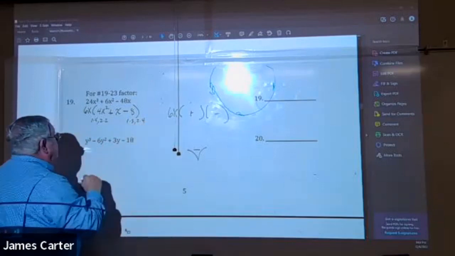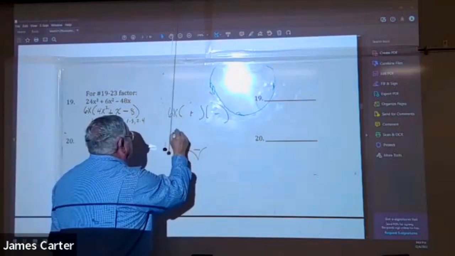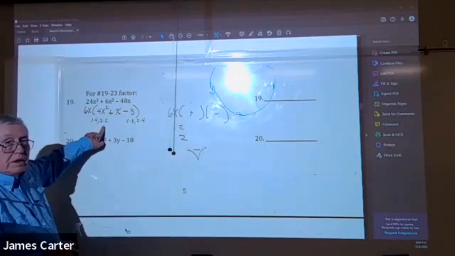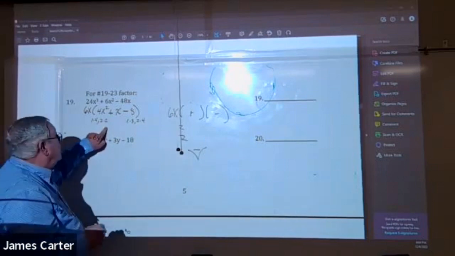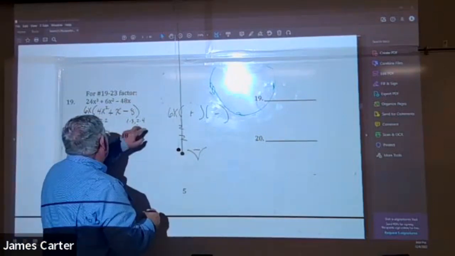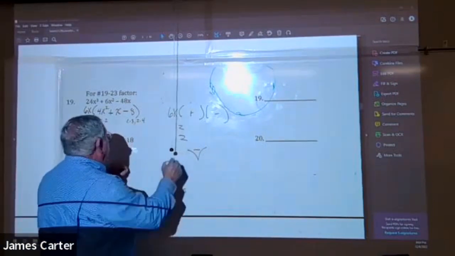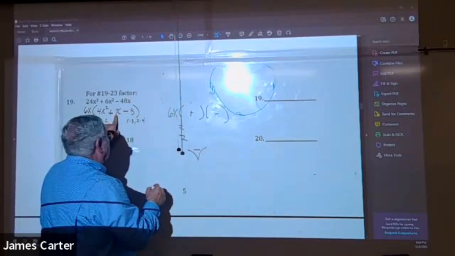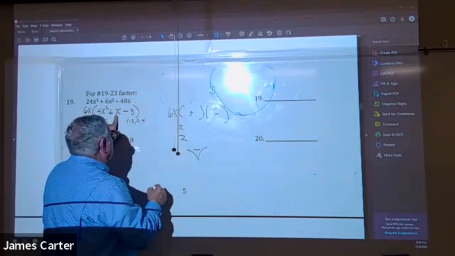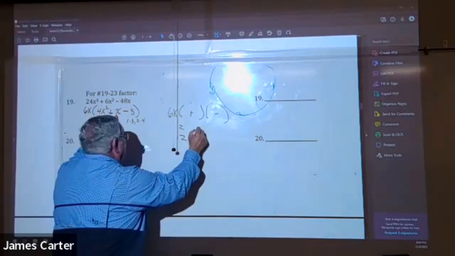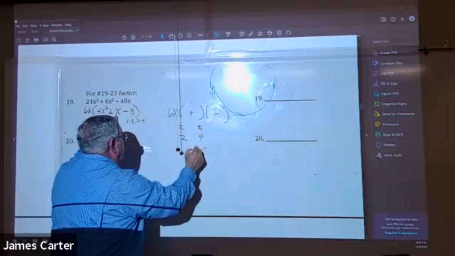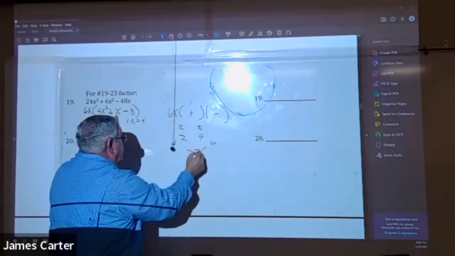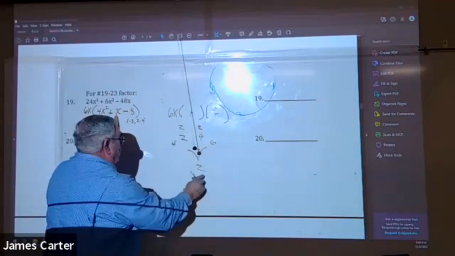That's pretty much it. Well, I'm going to be lazy and try 2 and 2 first from up here. Then I'm going to try one of those. I'm going to subtract and I'm going to get a very small number. Okay. Well, if I put the 2 and the 4 here, here I get 4, here I get 6, and I subtract and I get a 2. That won't work.